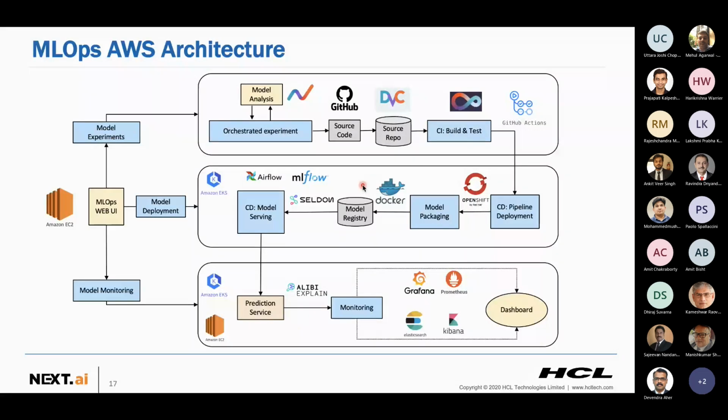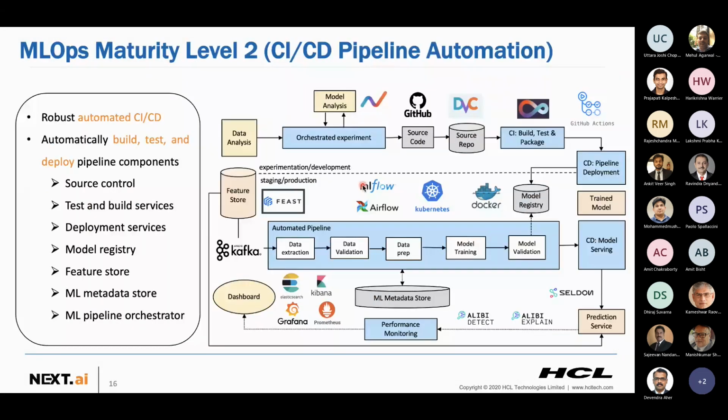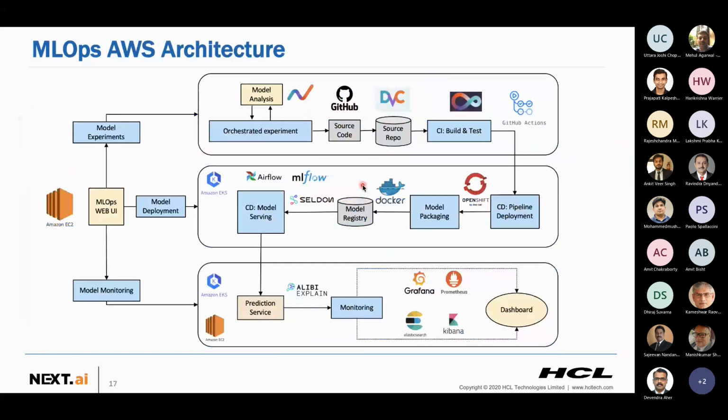Almost everything is the same with respect to the previous slide. The only difference is the way we have implemented the complete MLOps stack in the AWS cloud. The initial model experiments, as I discussed in the previous slide, include data version and source code version control with continuous integration. The model deployment phase has continuous deployment.